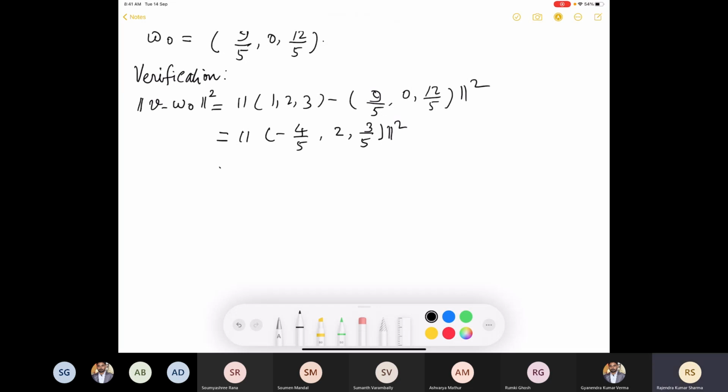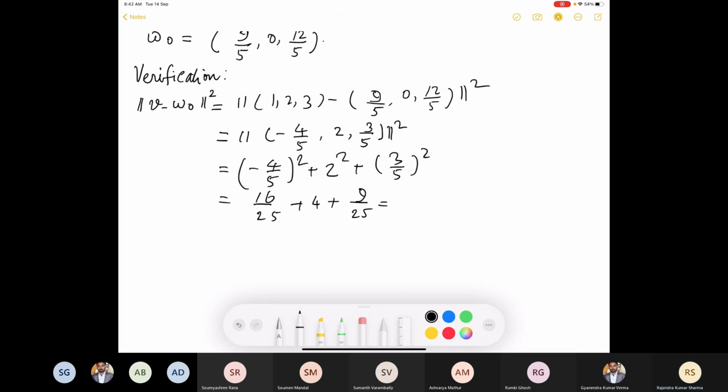So now you can see this is here. Minus 4 by 5 is square, plus 2 square, plus 3 by 5 is square. So this is 16 by 25 plus 4 plus 9 by 25. So this is (16 plus 9) by 25, so this is 1.